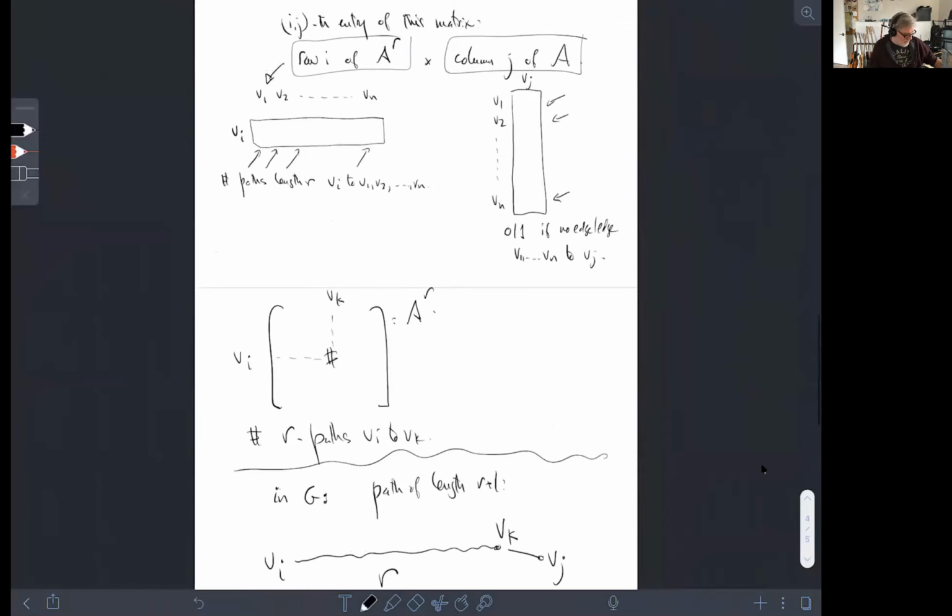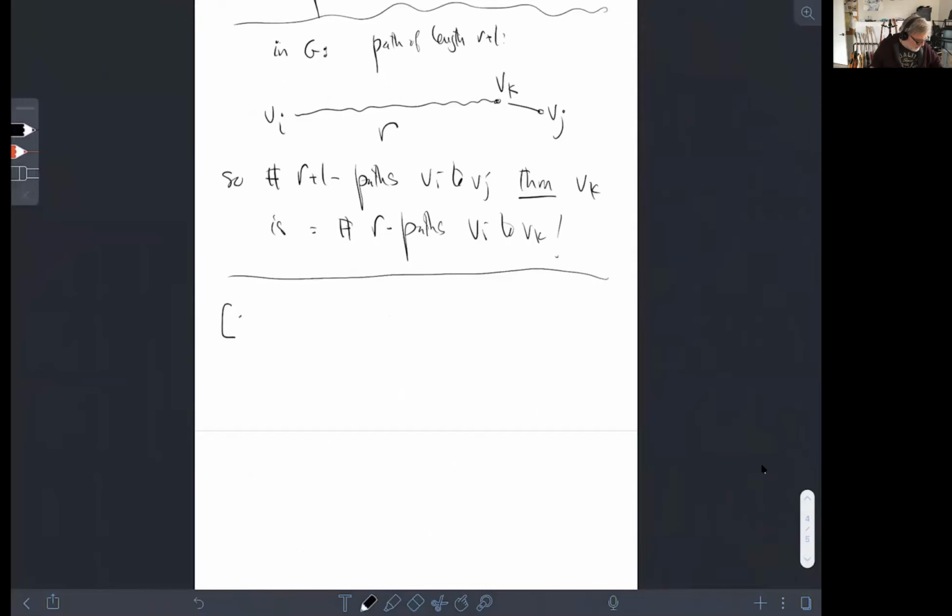So let's say my column is 5, 0, 2, 3, 1, 1, 6. So this would be the number of R paths from VI to V1, V2, V3, V4, V5, V6. Okay, and here we'd have, let's say 1, 0, 0, 1. Let's do one less, so I can fit the whole thing. Right, so like this.